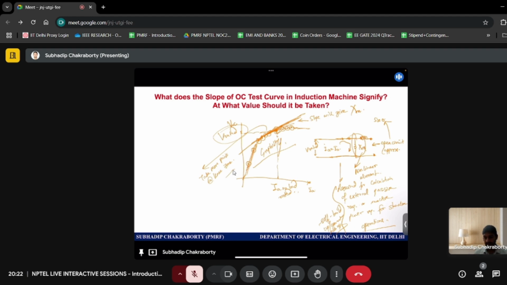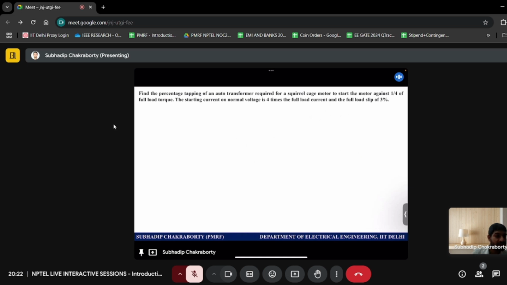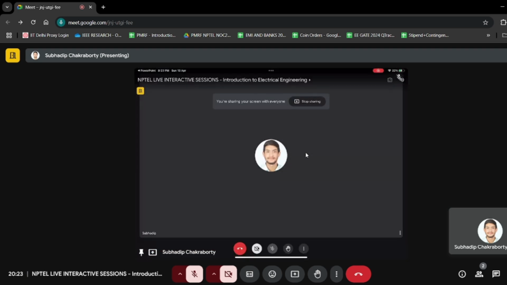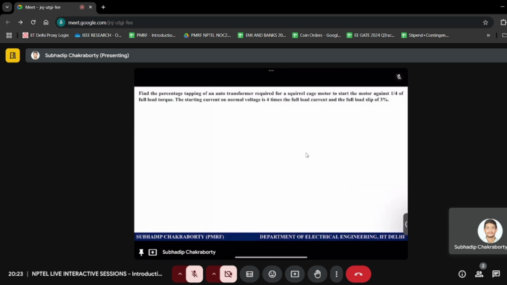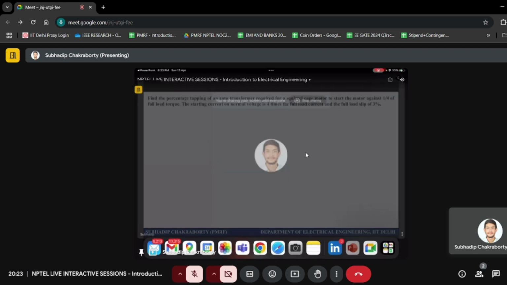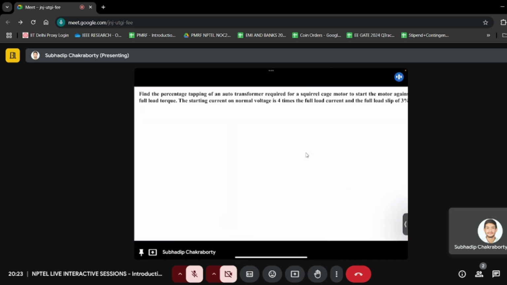So now coming to some numericals also. Try to see the first numerical. I think you know that torque is proportional to voltage square, right?